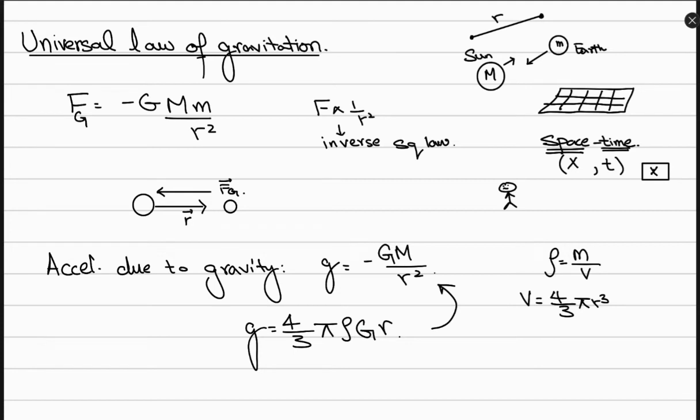Right? Now note over here that this acceleration of gravity depends on r, right? And hence, this should mean that if you leave the surface of the earth, so for example, here is earth, and you jump, right? So you jump, or this is one example, right?